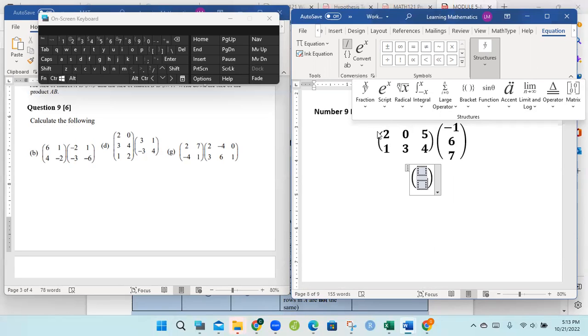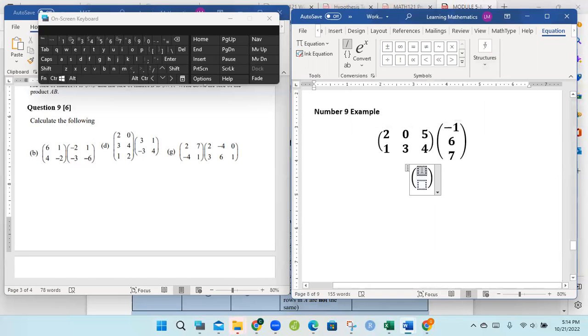Not the elements, 1, 2. So my product must have 2 rows. And how many columns will it have? One column, because the second matrix has one column. So it's a 2 by 1.